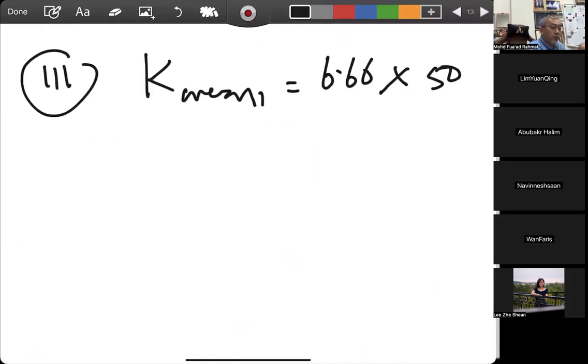Multiply by 50, so this is the overall gain, which you can simplify.